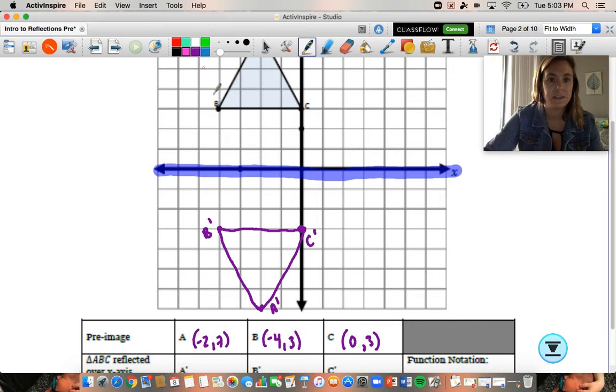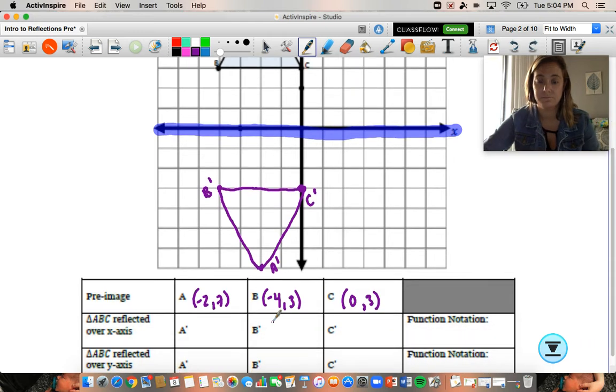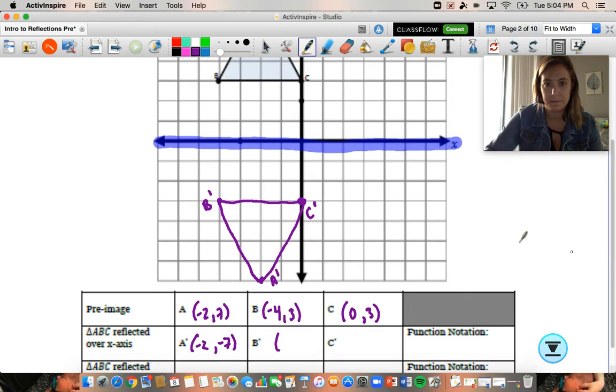So when I just did that reflection across the x-axis, I should do A first: A prime is (-2, -7). Think of what just changed there. What about B prime? That is going to be (-4, -3).